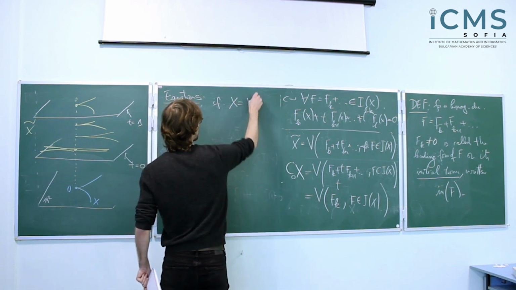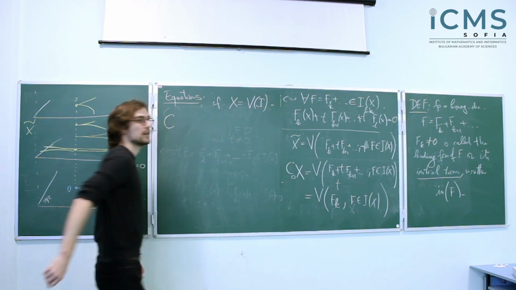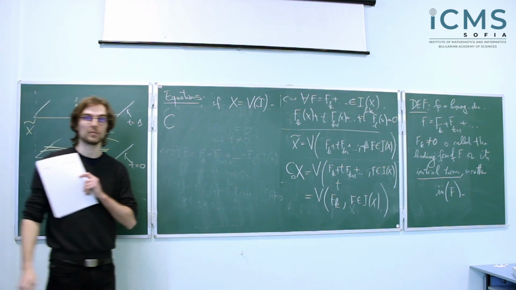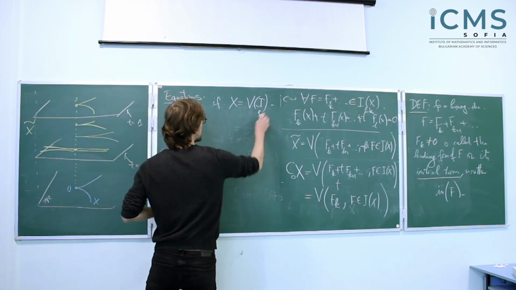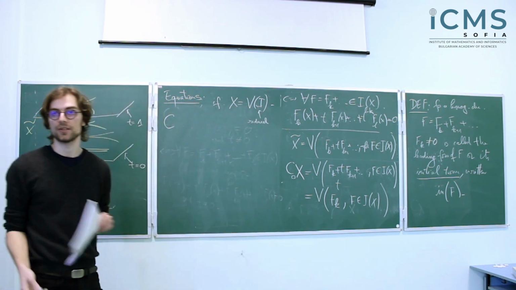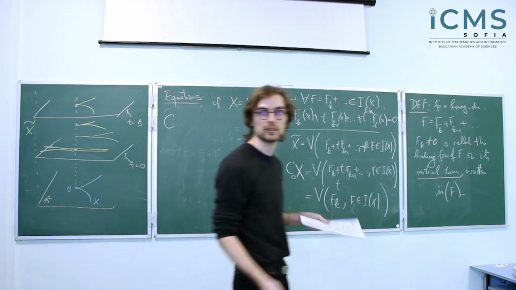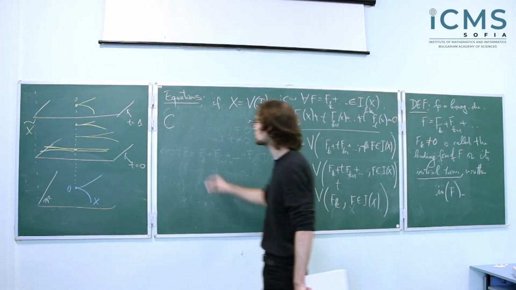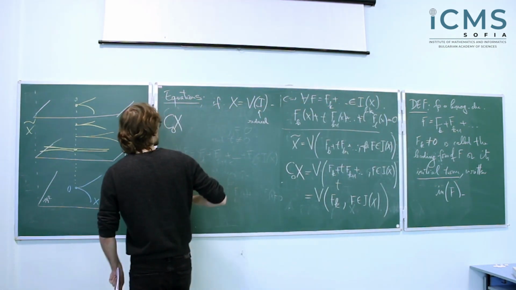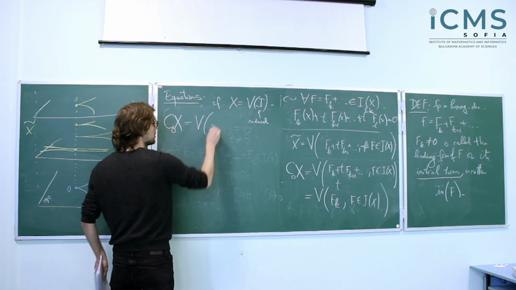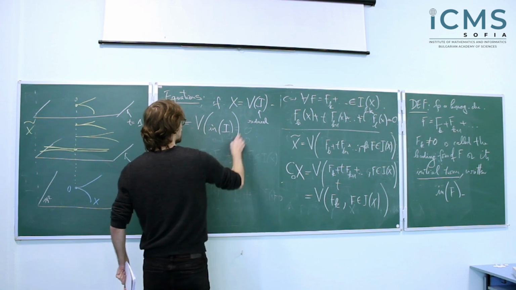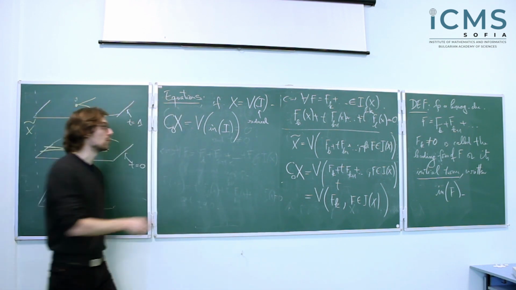If X comes from the equations of an ideal I, let's assume it's reduced. Remember the Nullstellensatz, we need reduced ideals. Then the tangent cone at 0 will just be the vanishing set of the initial part of the ideal. And what is this?